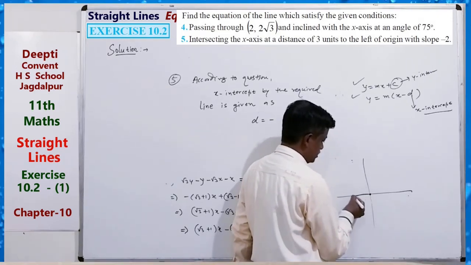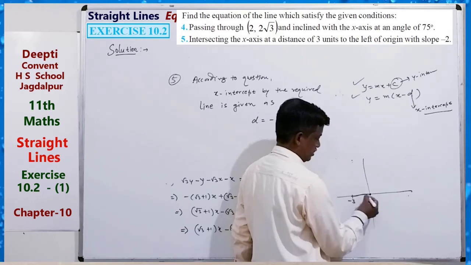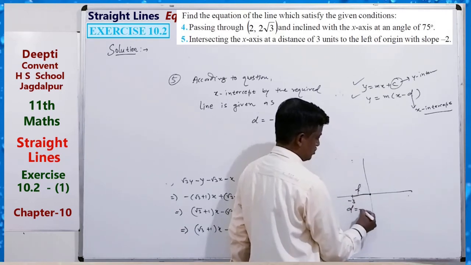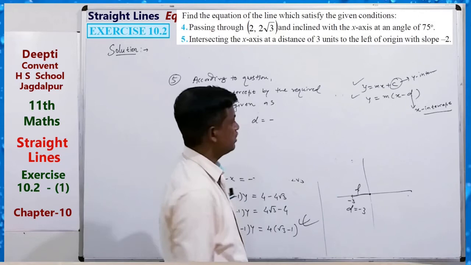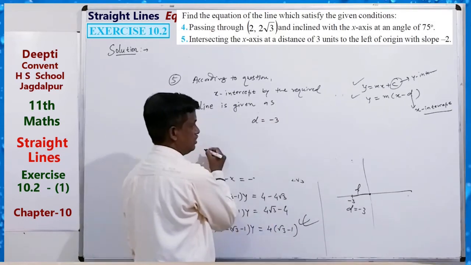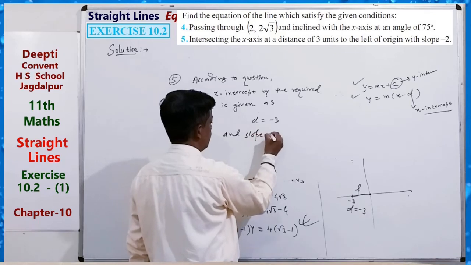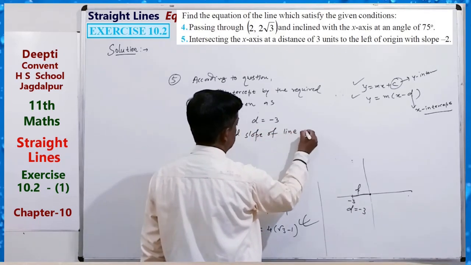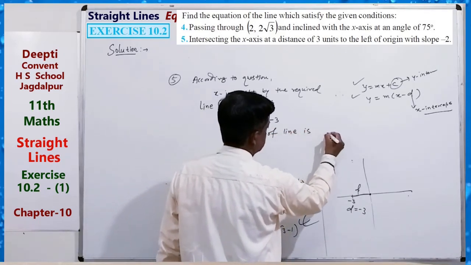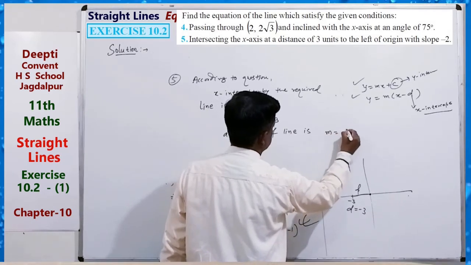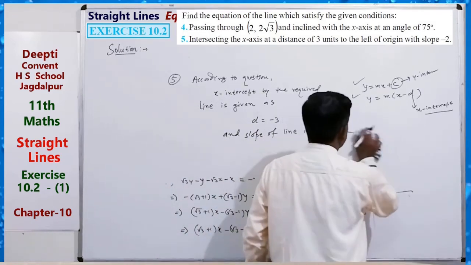From here, this left is minus 3. So d equals minus 3. And the slope of the line is m equals minus 2. This is given.